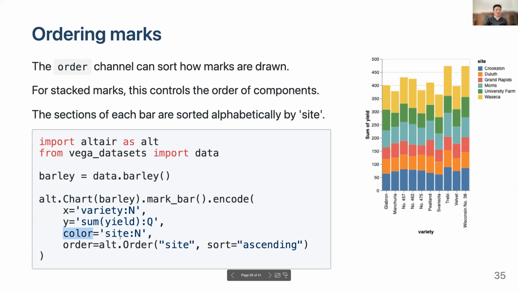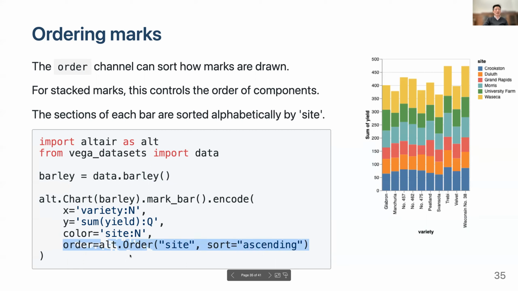And the color equal to site. These different colors mean different places. Site usually means place. Again, this is nominal, categorical. Finally, this is the ordering part.